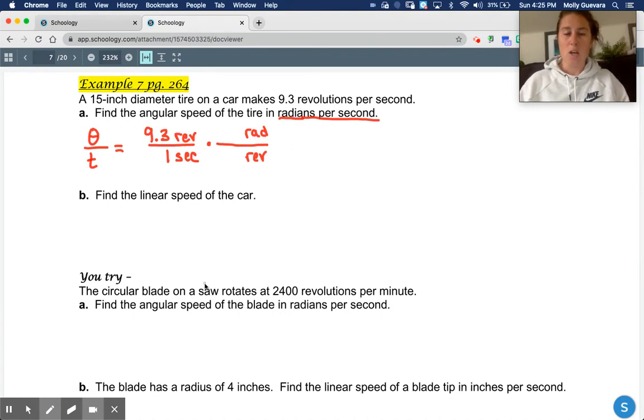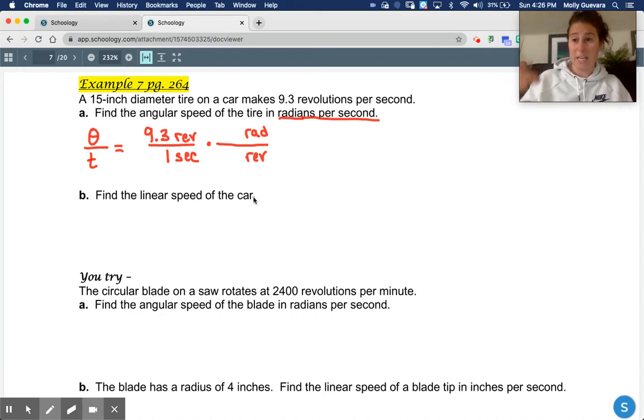Okay? So I need to think of a conversion between a revolution and radians. How can I convert that? Well, I know that one revolution, right? If I spin the tire once all the way around, how many radians is that? Should be 2 pi, right? I'm spinning all the way around one time.